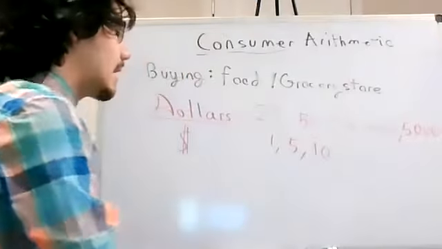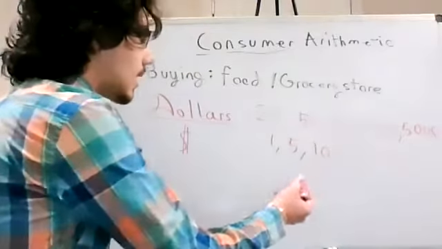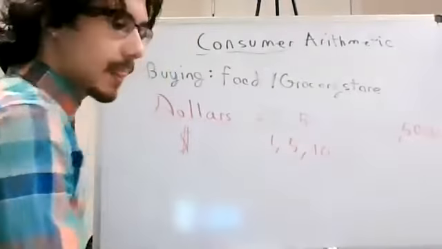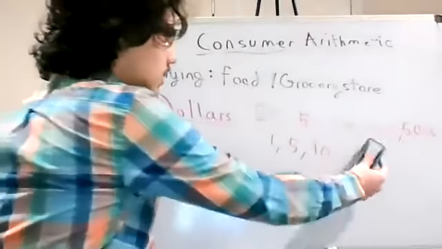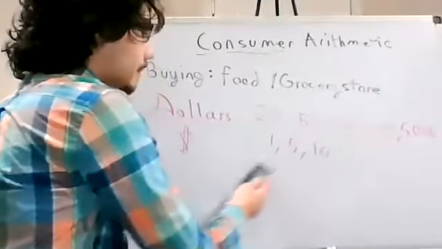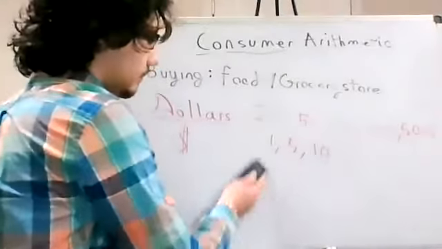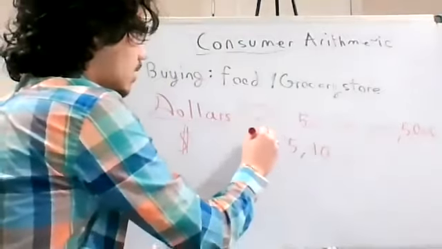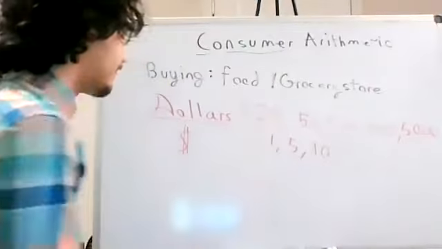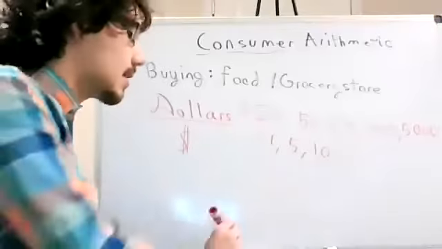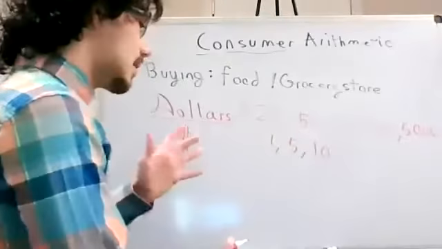So that would be like saying our cents would be here and your dollars would be here. Okay. So bills and coins. All right. So you use a certain amount of dollars. That makes everything make sense.